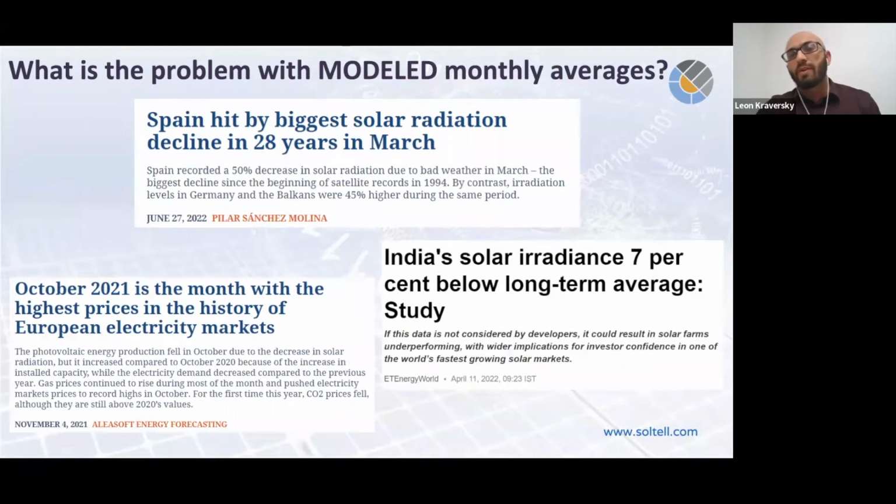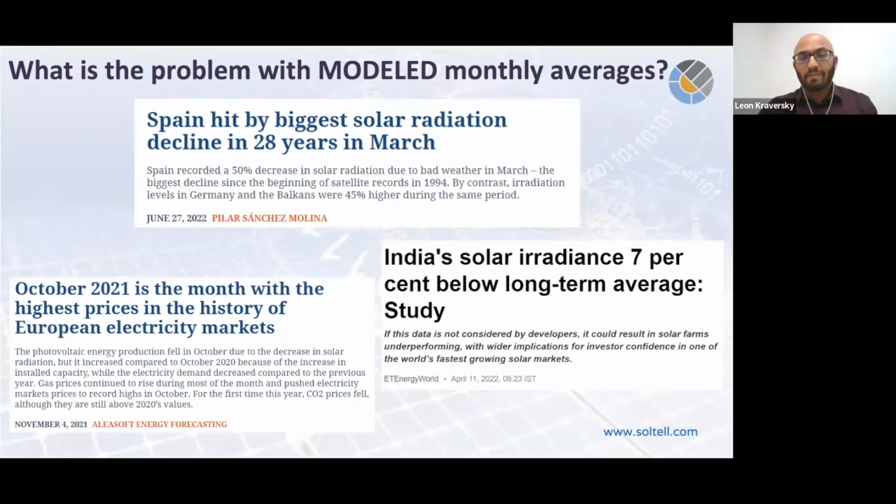Now, what is the problem with the most common one for the decentralized PV? And we're talking about modeled monthly averages. So the problem is that most months are not like the months which used to be average historically.